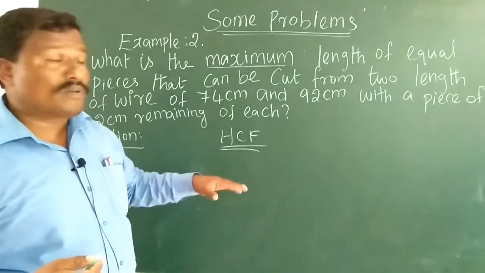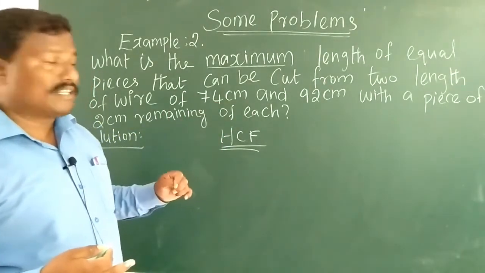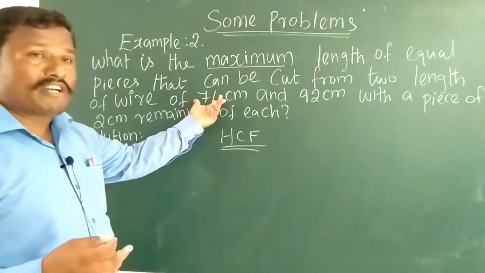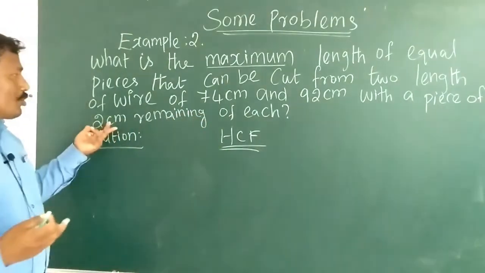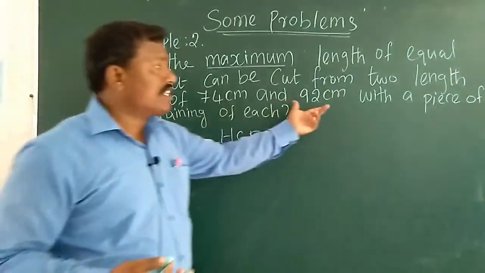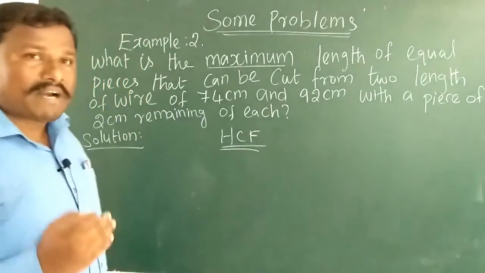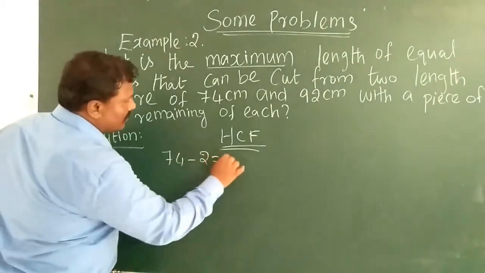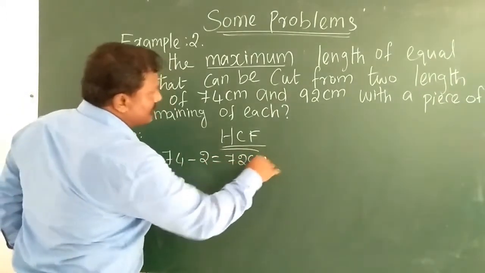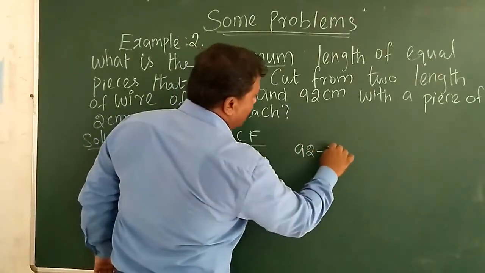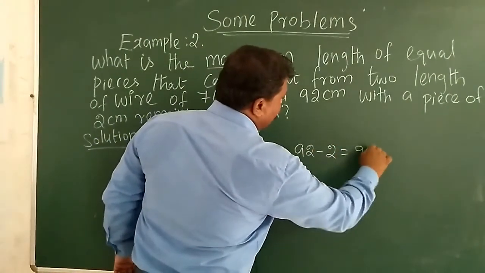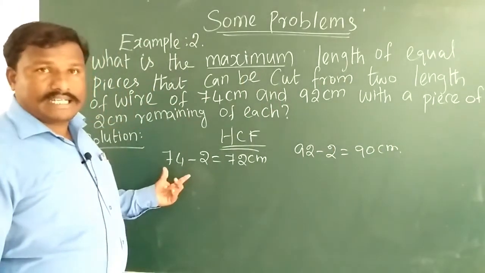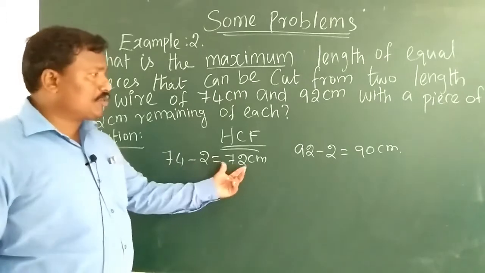Then we find the maximum length of the wire. 74 minus 2 is equal to 72 centimeter. Then 92 minus 2 is equal to 90 centimeter. So now we need to find the HCF of 72 and 90.